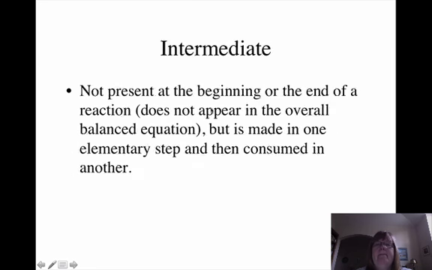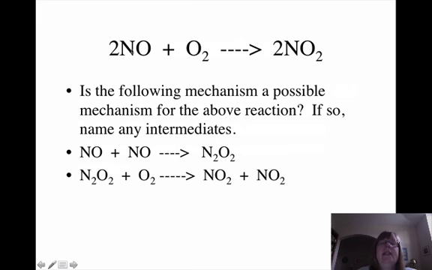Okay, let's look at this. This is an overall balanced equation, and here are the elementary steps that have been proposed. So let's see, is this mechanism a possible one? And if it is, let's name the intermediates. Okay, well, let's add these equations together, and then after adding them together, we will decide if it's a possible mechanism.